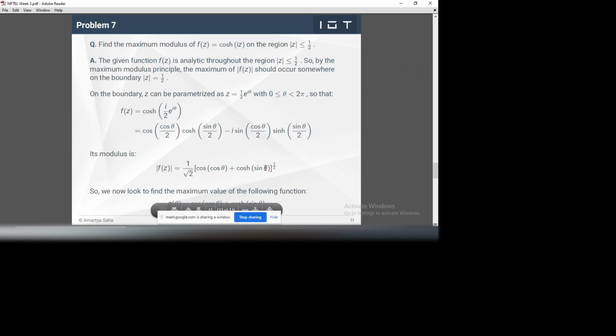And sin(pi minus theta) is sin theta, so nothing changes. So out of this region 0 to pi, we will only need to look at theta belonging to 0 to pi by 2.